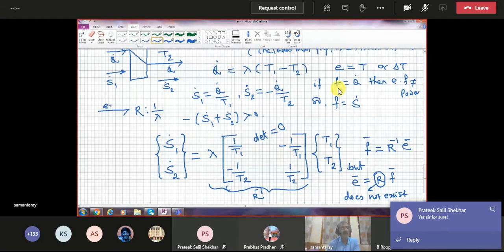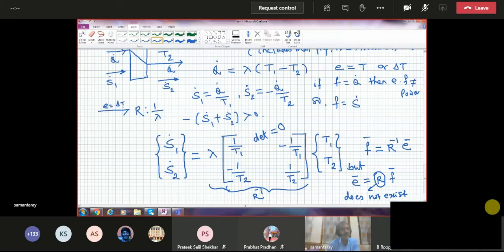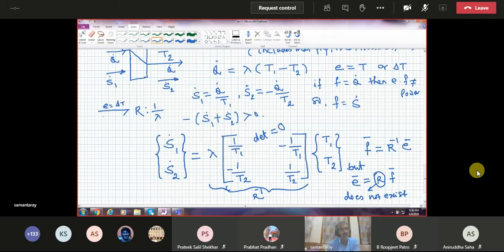Flow is equal to E by R, so we get everything correct. But this is not power. So there is the problem, because effort into flow has to be power. If you use Q dot, this doesn't work out. So the simple formulation doesn't work out.